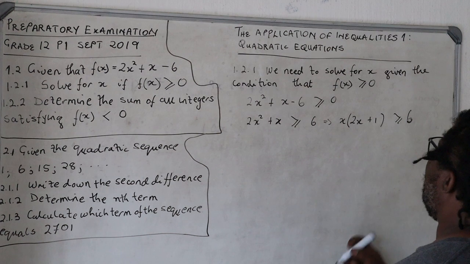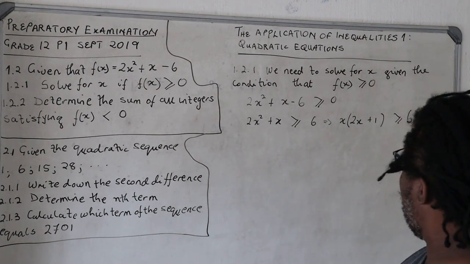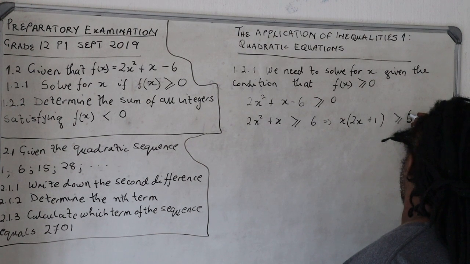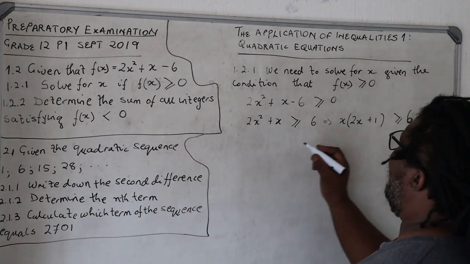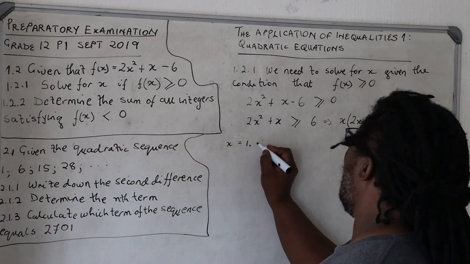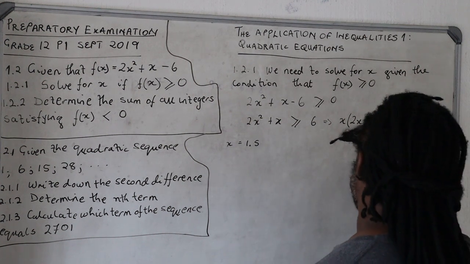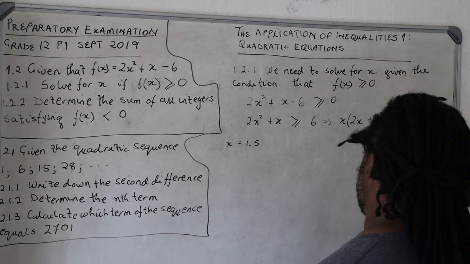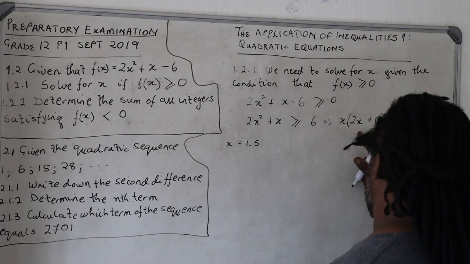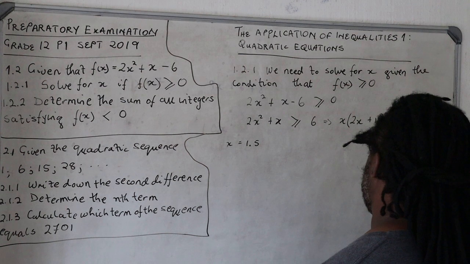So in other words, x equal to 1.5 satisfies the condition of the inequality, because if we substitute x equal to 1.5, we get 6, which is equal to 6.